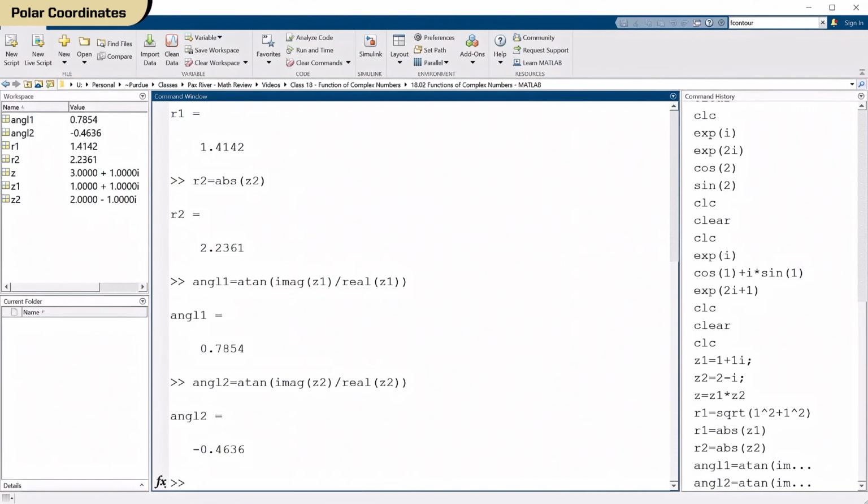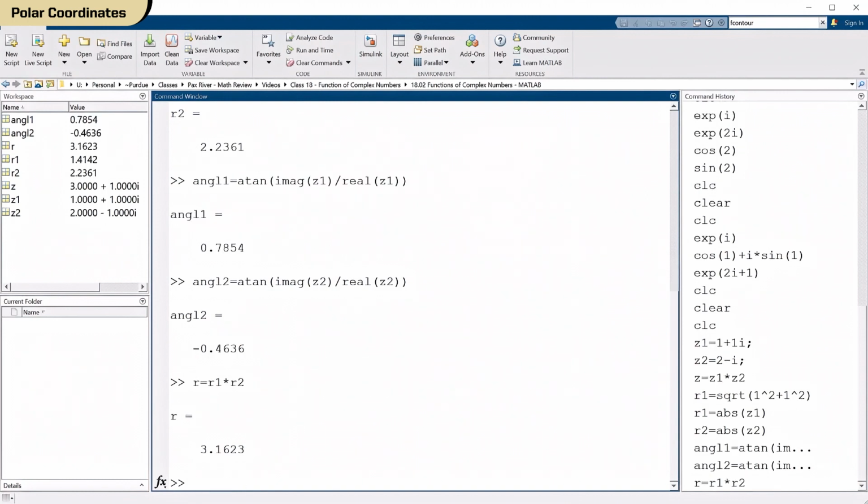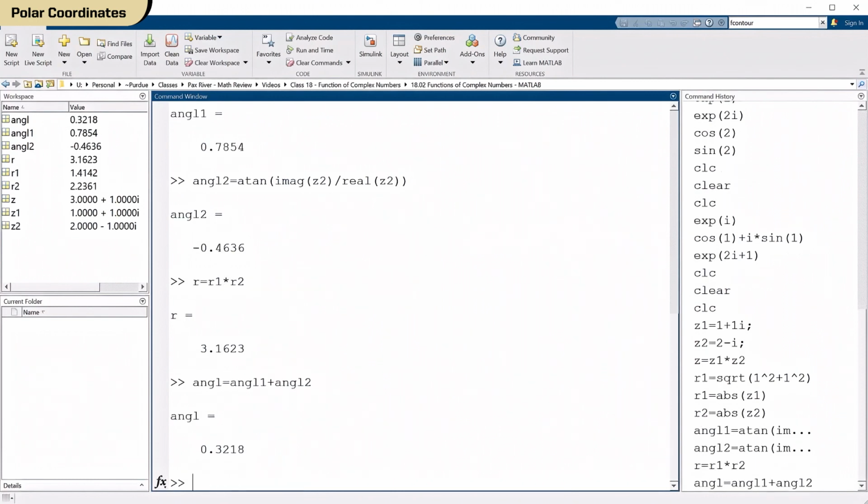So let's multiply those together. Let's say r equals r1 times r2. Okay, saw that before. And angle equals angle1 plus angle2. And again, saw that before. Now, how am I going to turn that into a plus bi? Well, let's just say a equals r times cosine of angle.